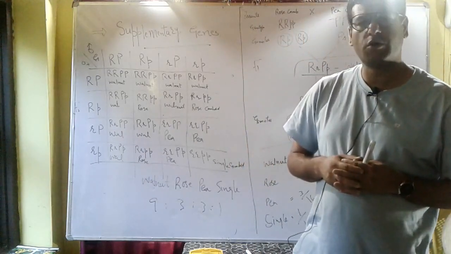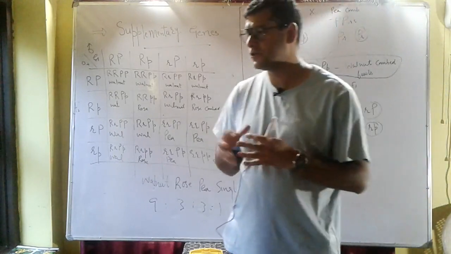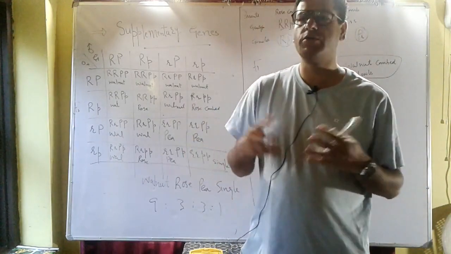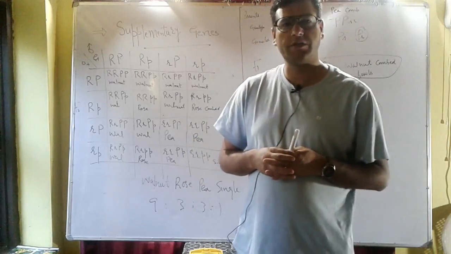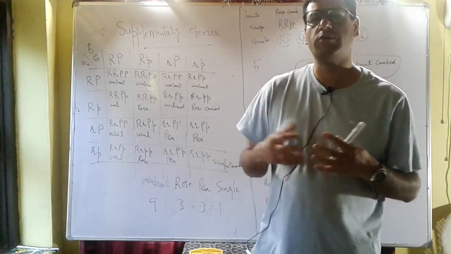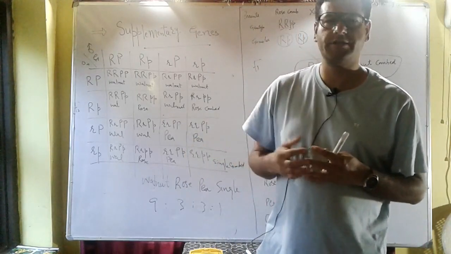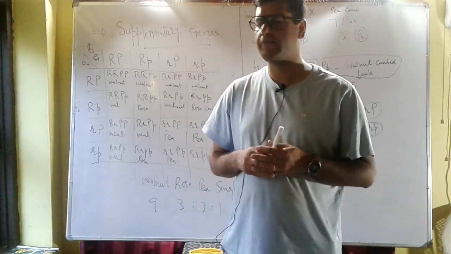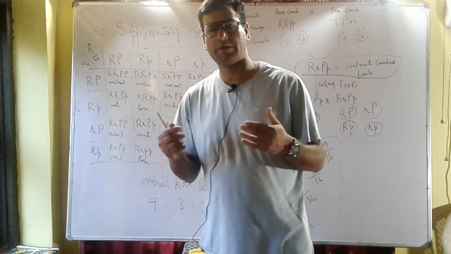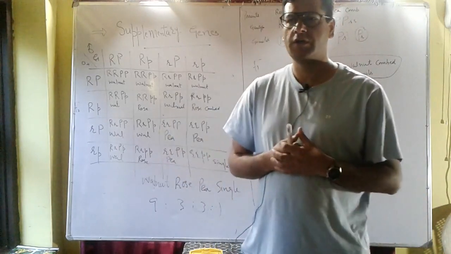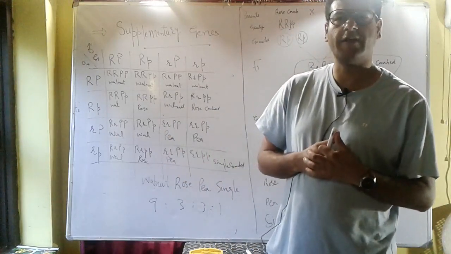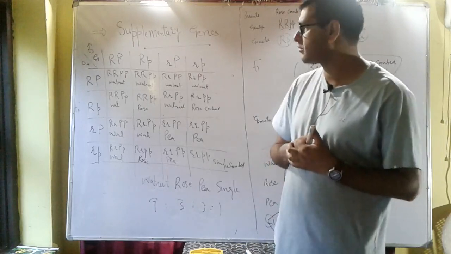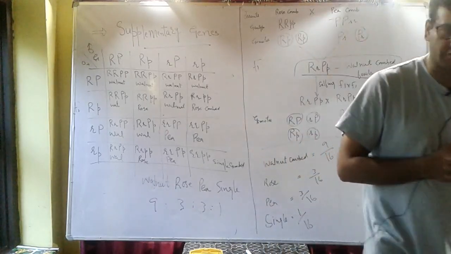When these two supplementary dominant genes are brought together, they produce a new phenotypic trait, but each dominant gene alone can independently produce its own trait. These are called supplementary genes, and when they interact, they produce a new phenotypic trait in the F1 generation. This was regarding the supplementary genes. Thanks.